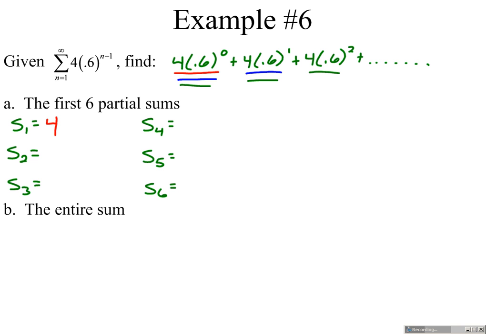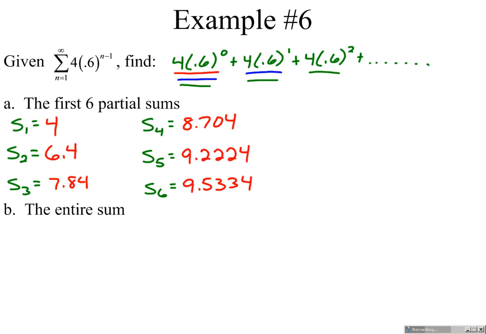Sum of the first 2 terms from the calculator is 6.4, 7.84, 8.704, 9.2224, and 9.53344.